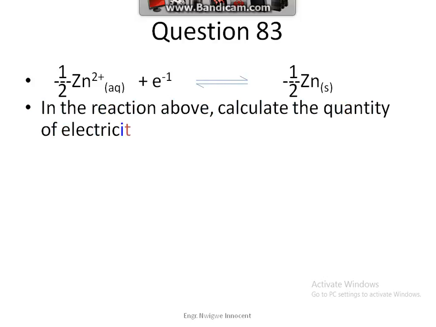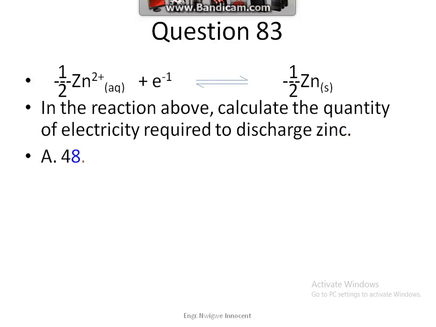Question 83. Half of zinc 2+ ion plus 1 electron discharges to form half of zinc. In the reaction above, calculate the quantity of electricity required to discharge zinc.